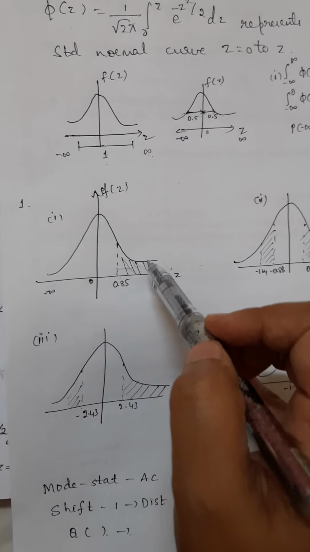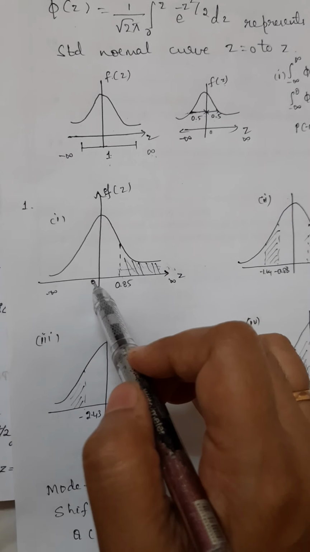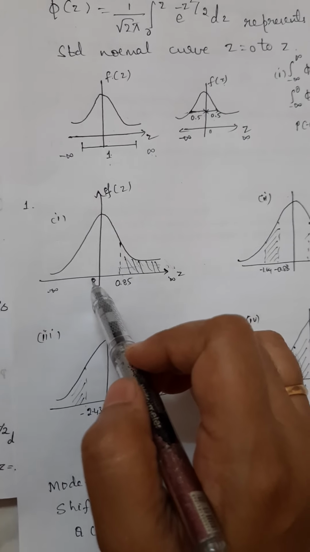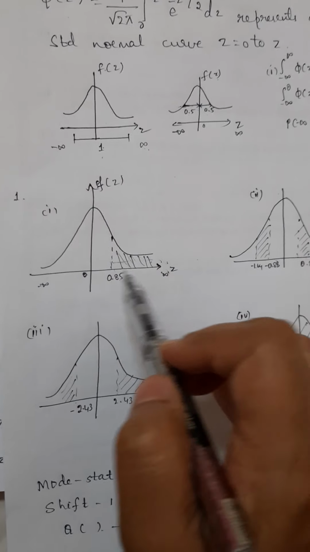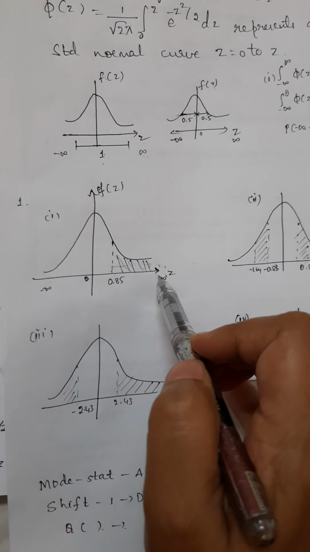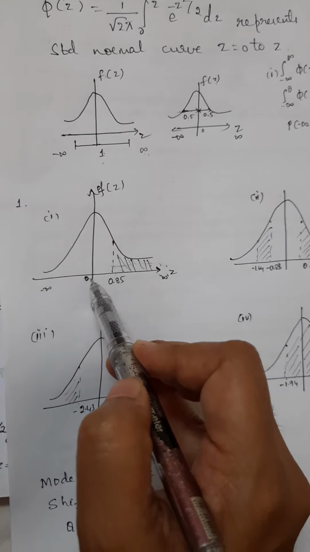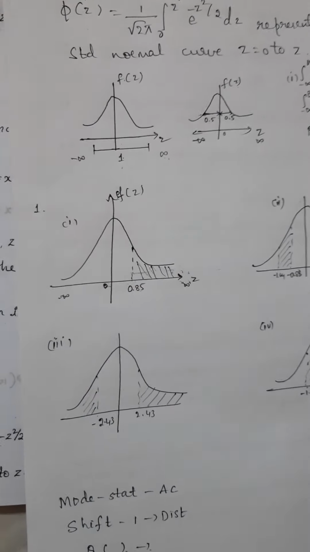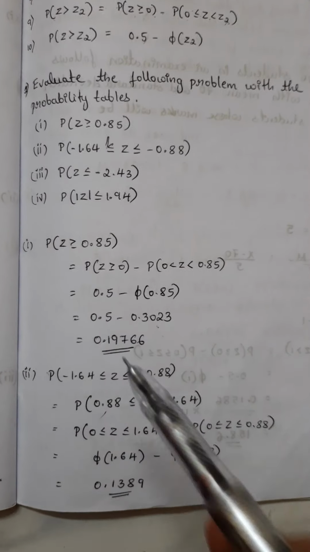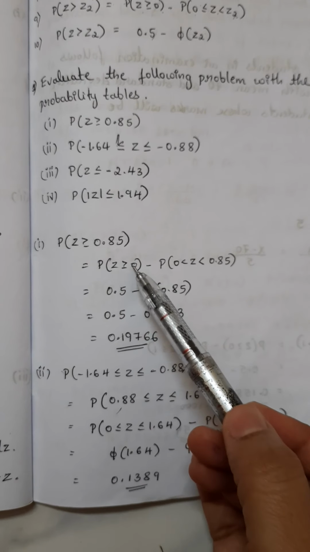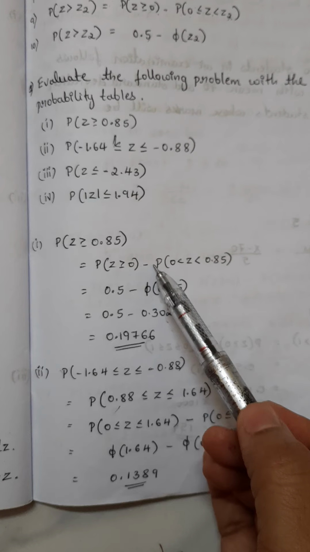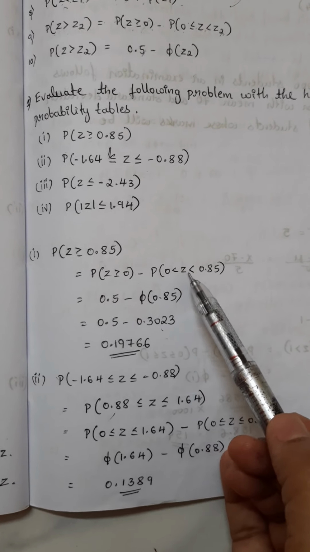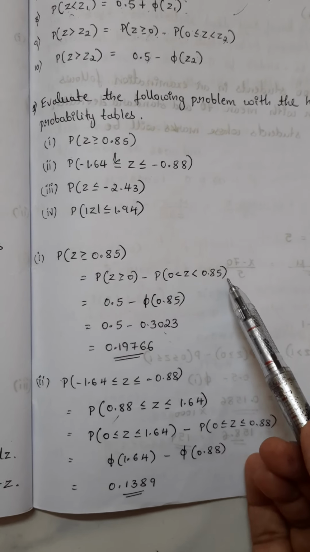So to calculate this area, I'll calculate the probability of z lies between 0 to infinity, then I will subtract 0 to 0.85. So that is given by probability of z greater than or equal to 0 minus probability of z lies between 0 to 0.85.